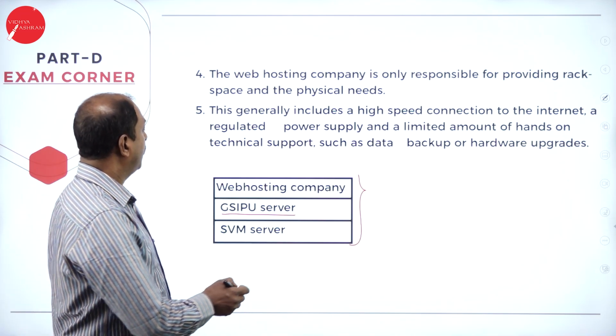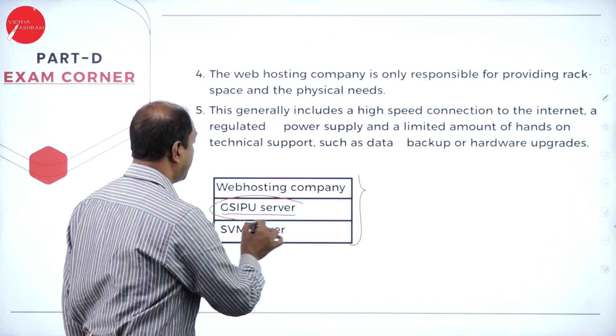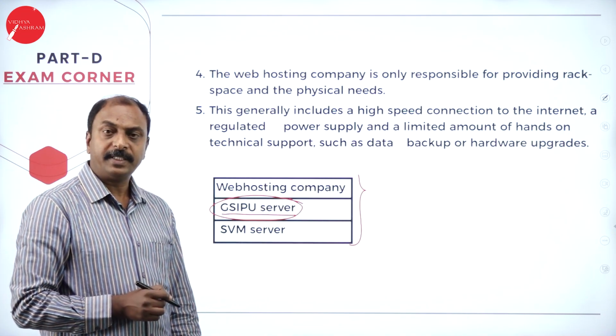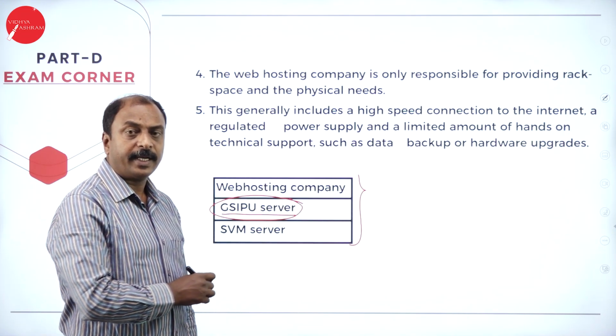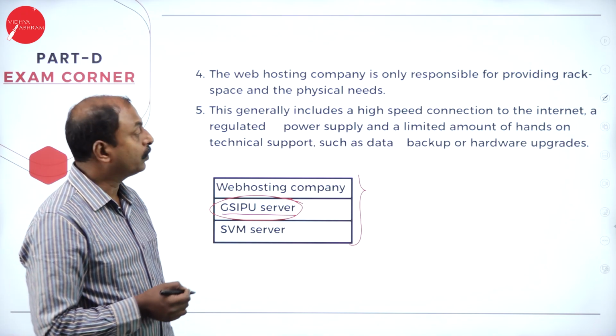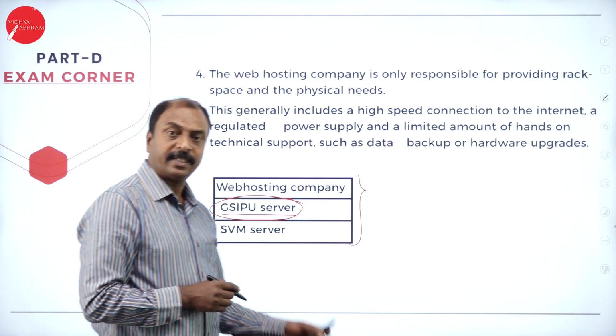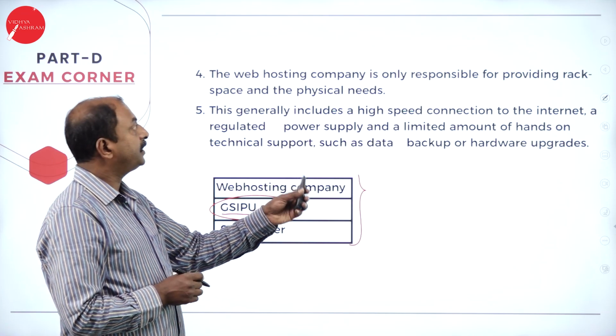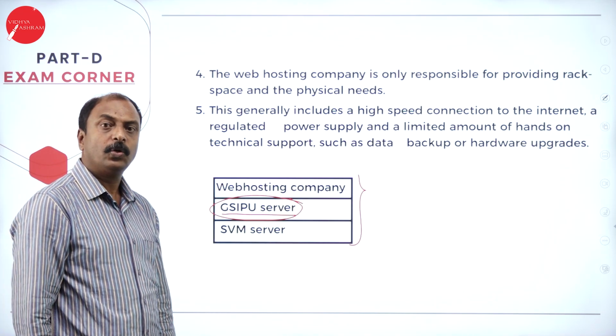Here all the administration remains with the company, and the web hosting company's only role is to maintain the server at their location. That is the concept of co-location hosting.